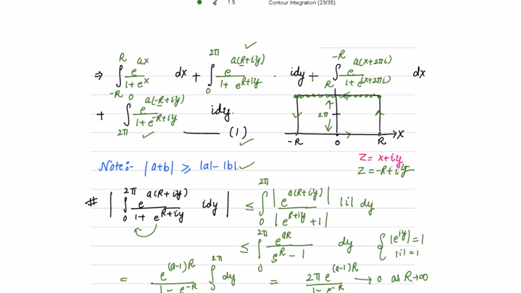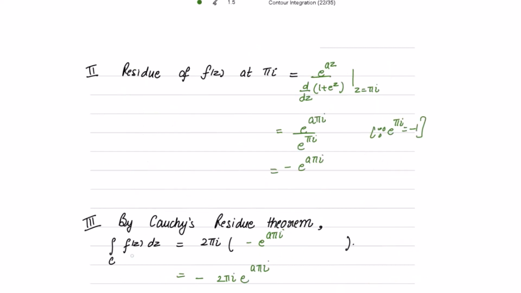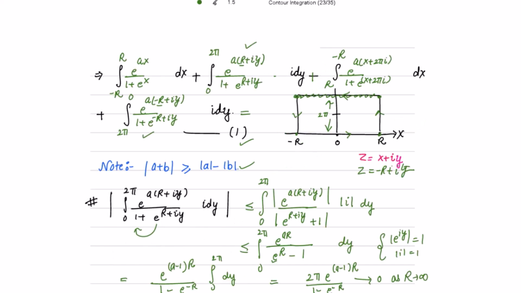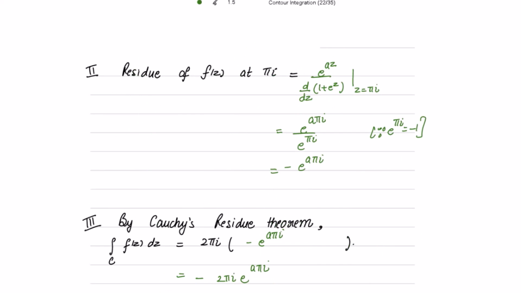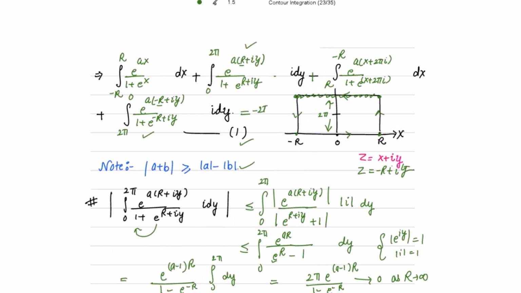equation. Wait. This is equal to, when splitting this contour, negative 2 pi iota e to the power a pi iota. I forgot to write negative 2 pi iota e to the power a pi iota. I'm very sorry, I forgot to write this.